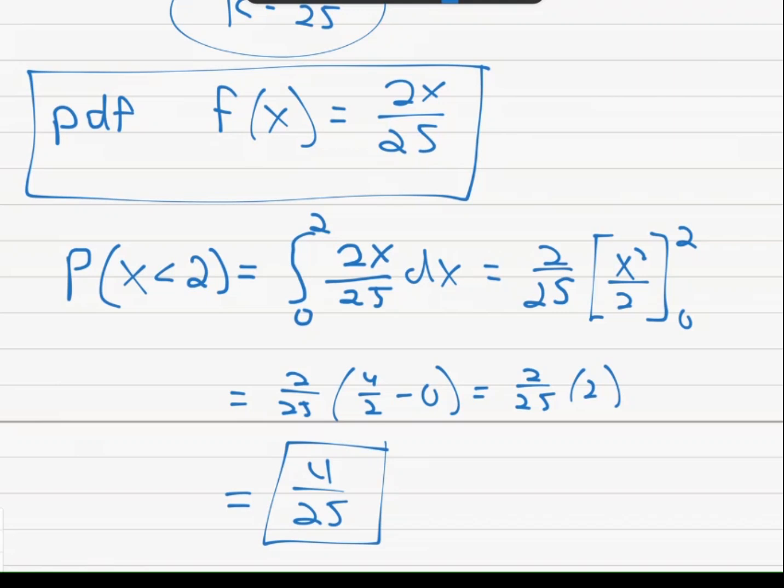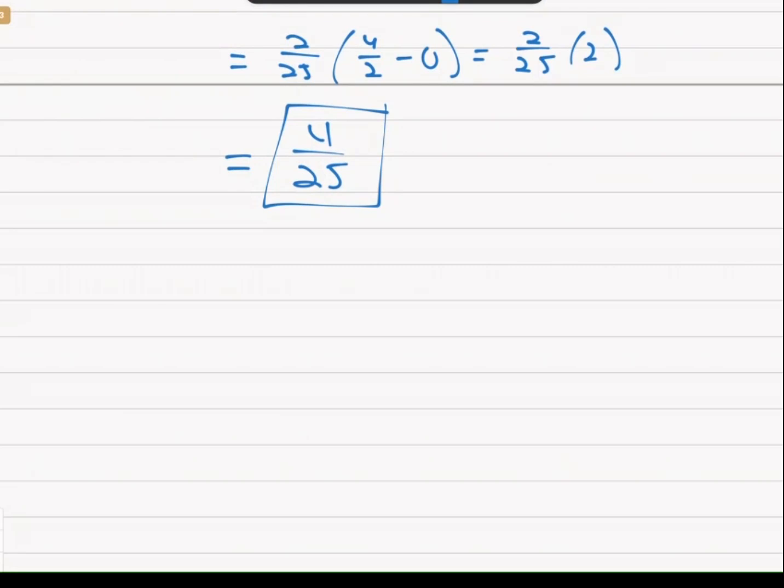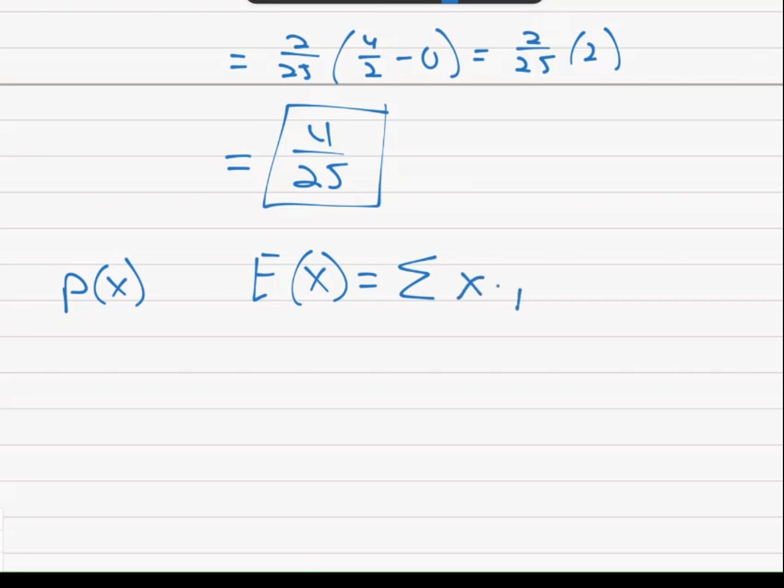And I'm going to deviate from what the slides were showing on purpose, because I want to show you how the expected value works. For a discrete probability density function, we were taking the expected value as the sum of x times p of x.